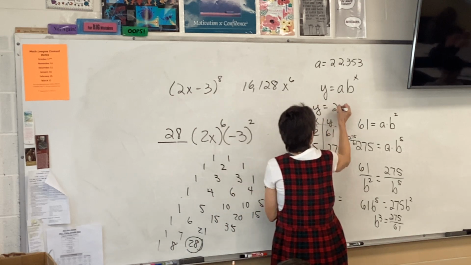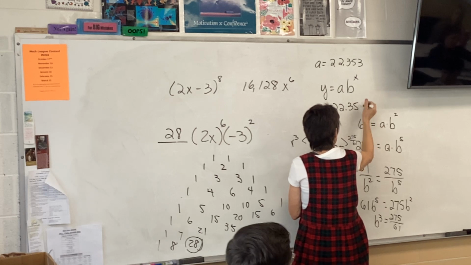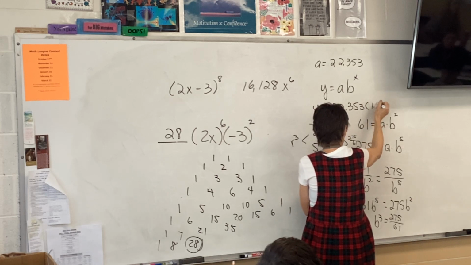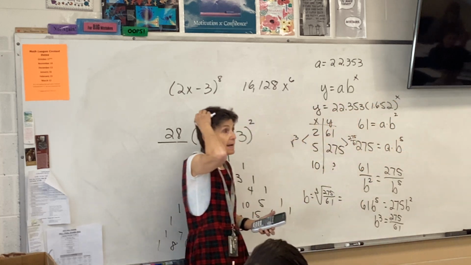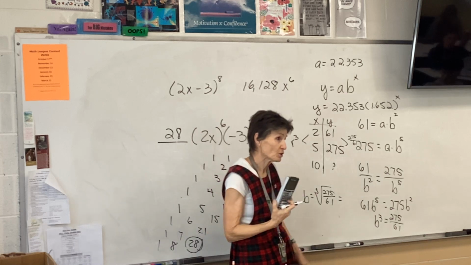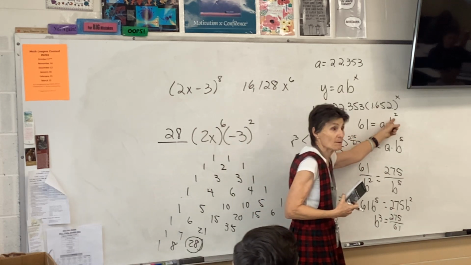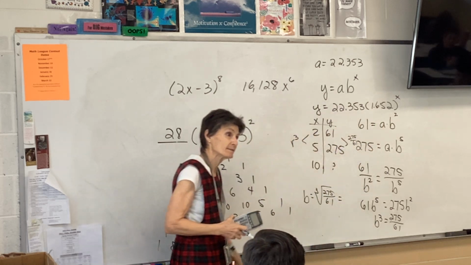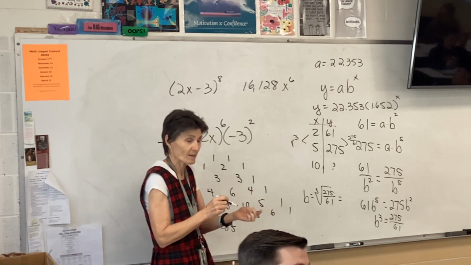So y equals 22.353 times 1.652 to the x. Now, if we did an exponential regression, stat, and all that, hopefully that is the same equation that we would come up with. Hey, Drew, you're nodding. Did you do it with a regression? Yeah, that's what's going to happen.